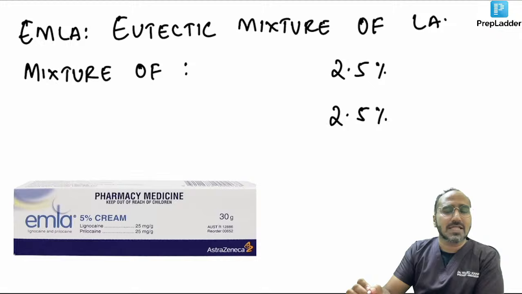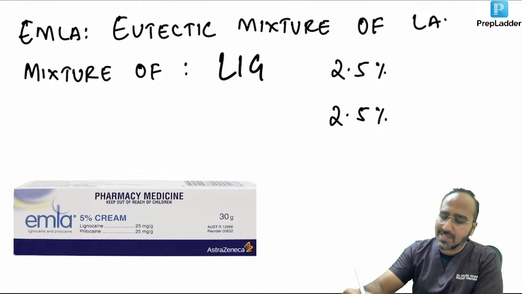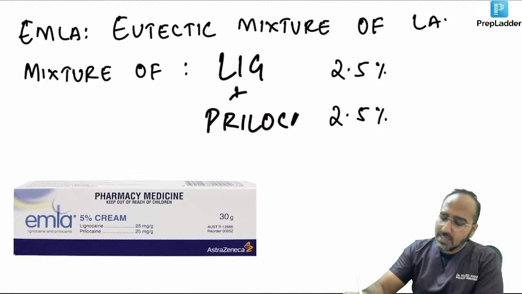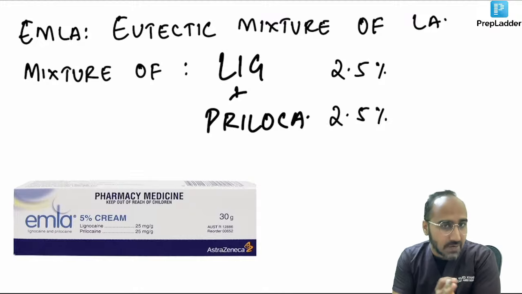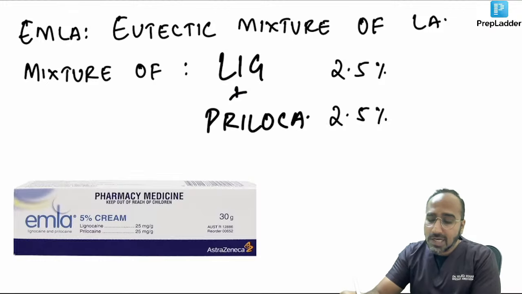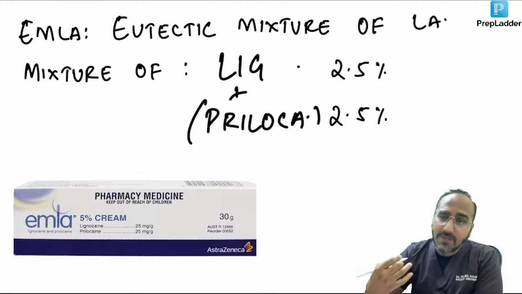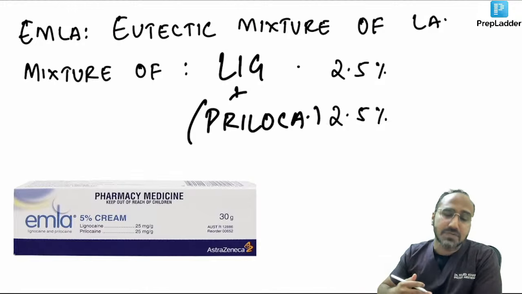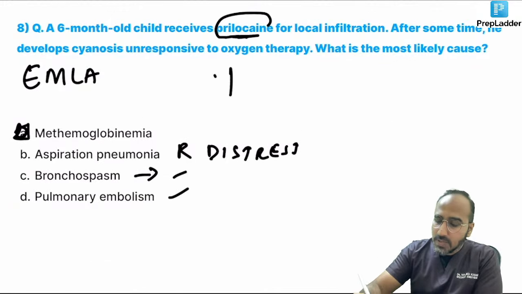EMLA is nothing but eutectic mixture of local anesthetics, where you give two things together, lignocaine plus prilocaine, 2.5% each. It is always stated on the EMLA pack that it should not be given to neonates and should be avoided in infants also. Why? Because lignocaine is not problematic. The problematic thing is prilocaine. When you give prilocaine to neonates, it gets absorbed and metabolized to a compound called toluidine.